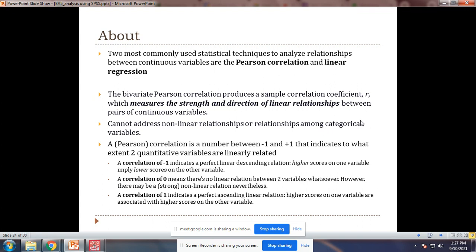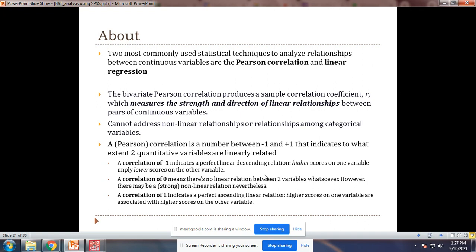Now correlation coefficient r value, we also know it is between -1 to +1, and if the correlation value is -1, that means a perfect negative linear relationship exists. If it is plus 1, then a perfect positive relationship exists between the variables.